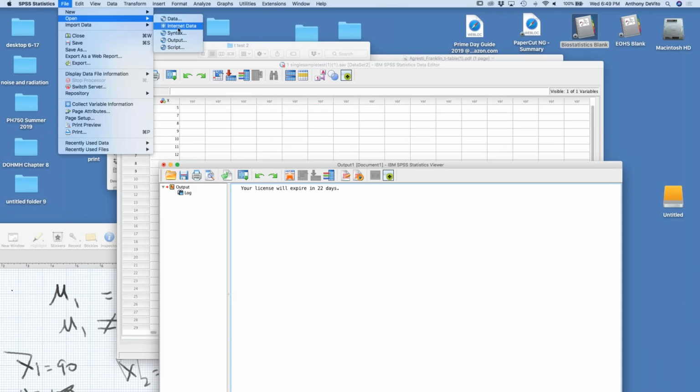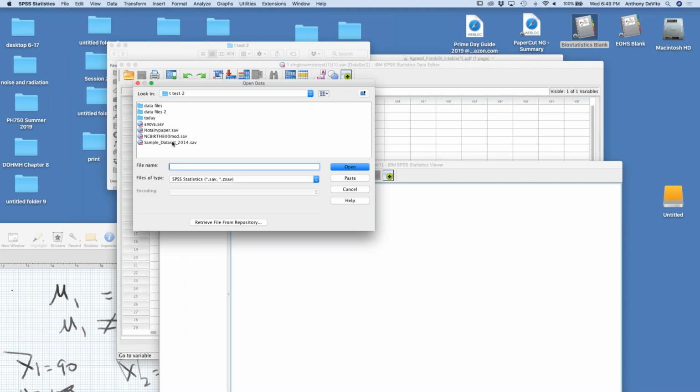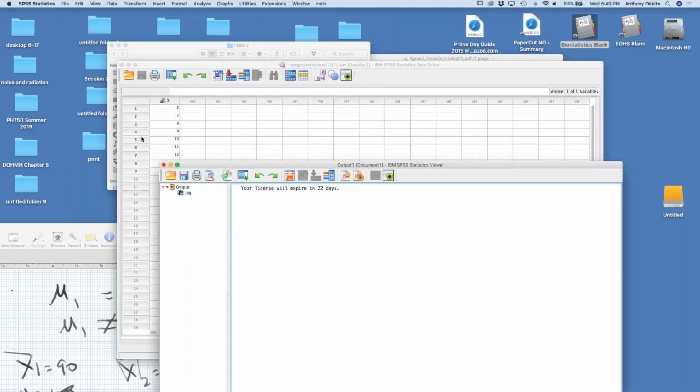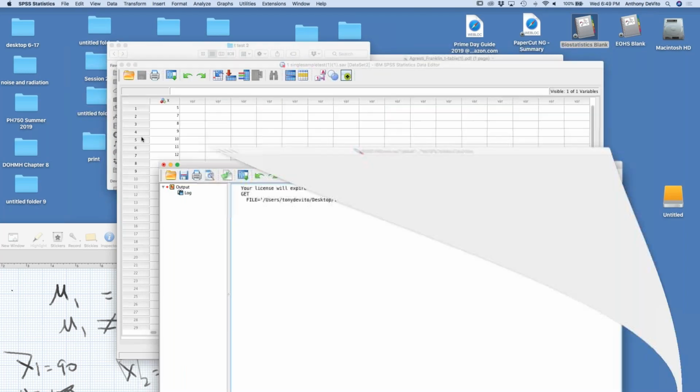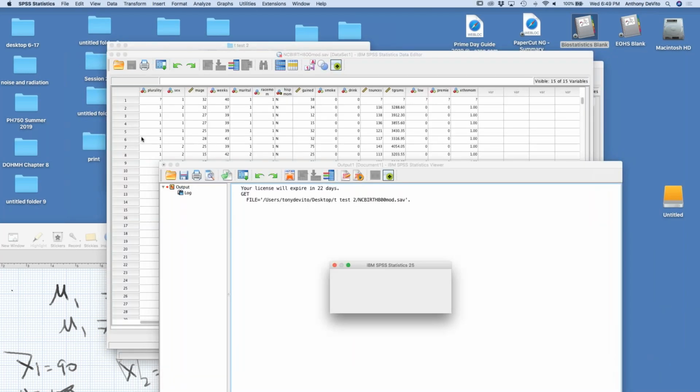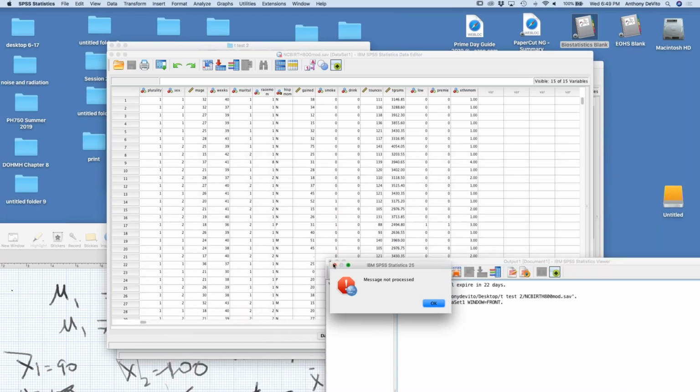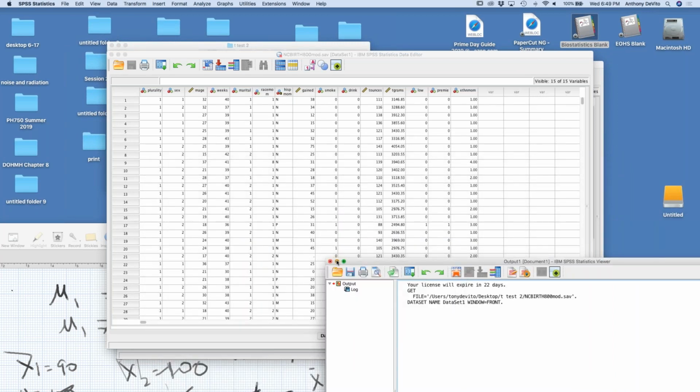Say open data. I'm going to open this one. We'll open our birth data. Okay, I don't know what that is now. Okay, let's get this out of the way.